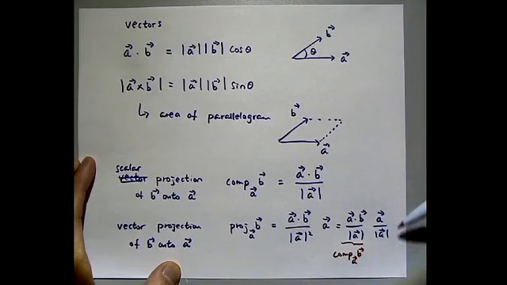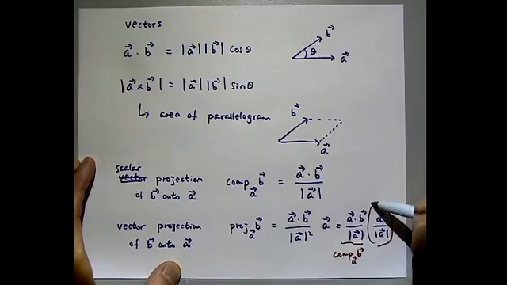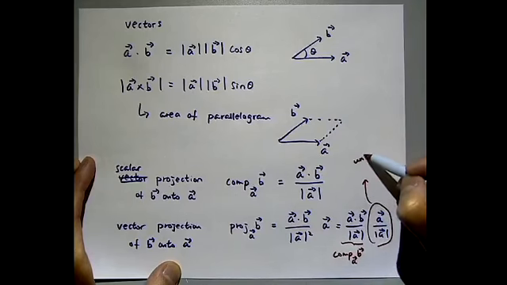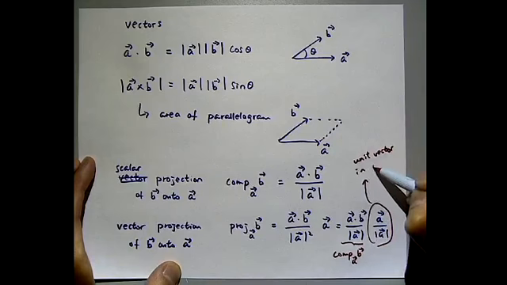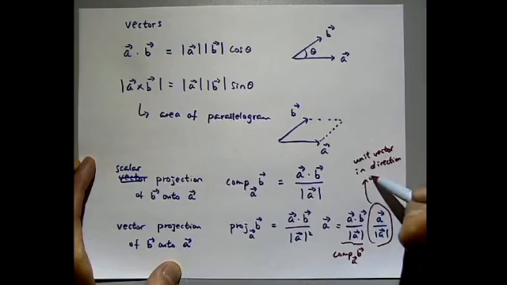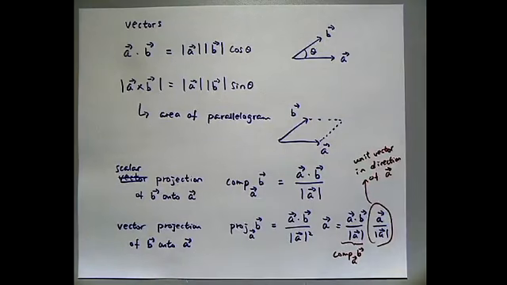And what's this thing here? A over magnitude of A. It's a unit vector. Good. Unit vector in the direction of A. All right, so these are some basic stuff we ought to know.